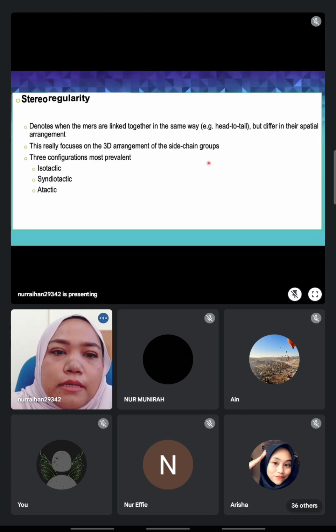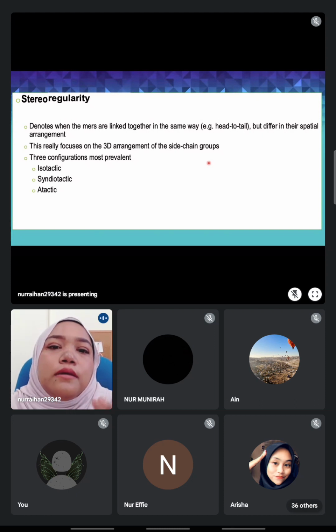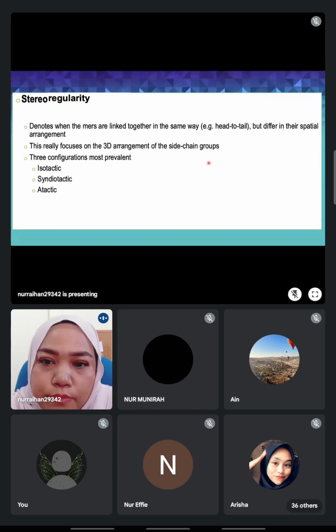Okay, the difference between the repeating unit arrangement. Okay, so ingat in the tacticity, it is about the arrangement of the side chain. Okay, ataupun the configuration or arrangement of the repeating unit for that polymer.